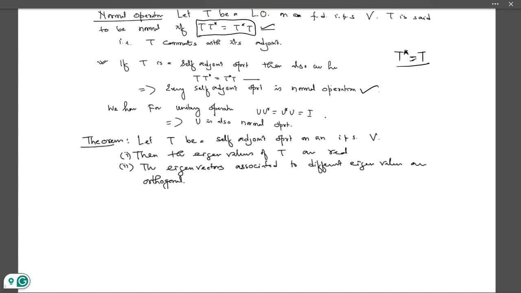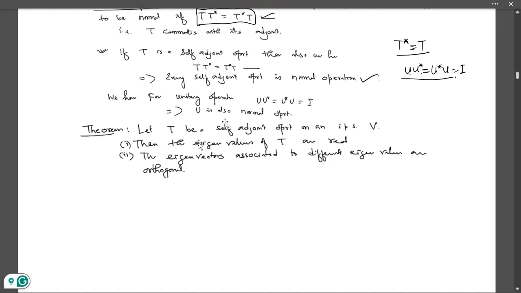And for a unitary operator you have U star U equal to identity. Okay. So a unitary operator also satisfies this equality, U star U and U U star are the same. So they are normal. Unitary operators are normal operators.